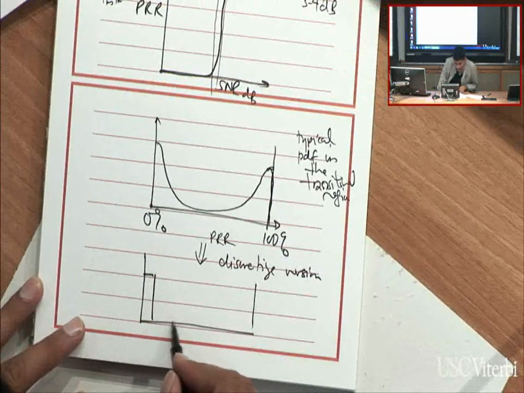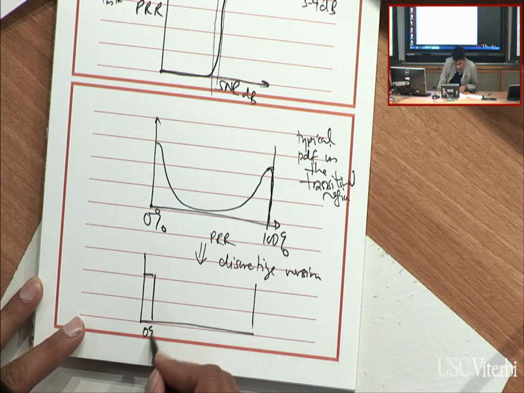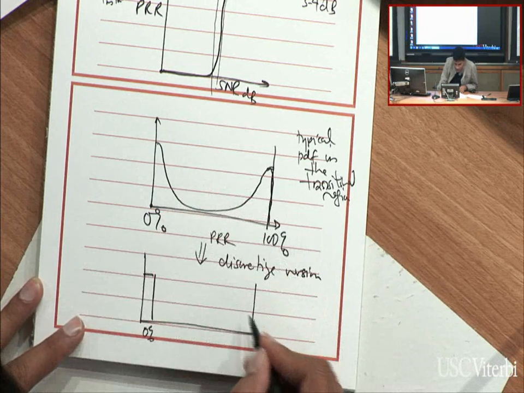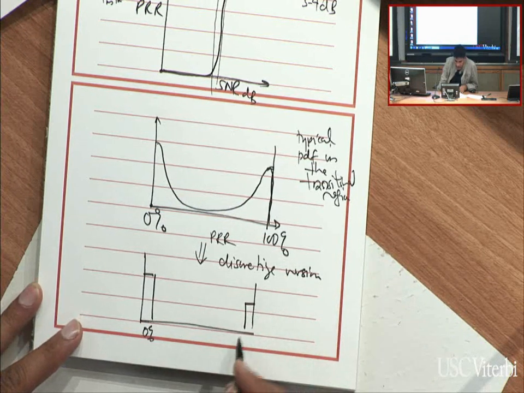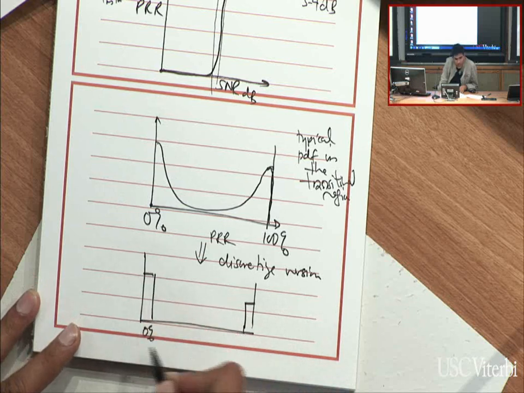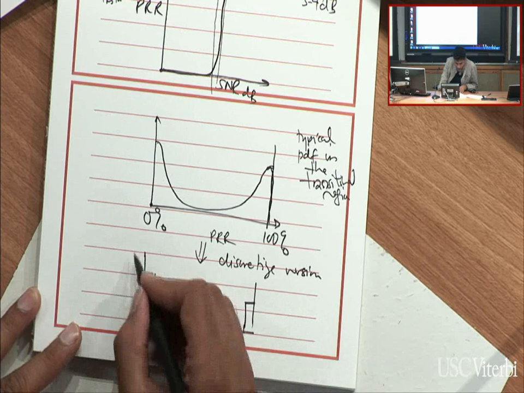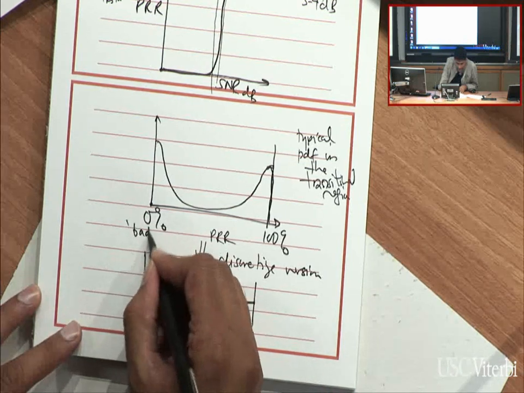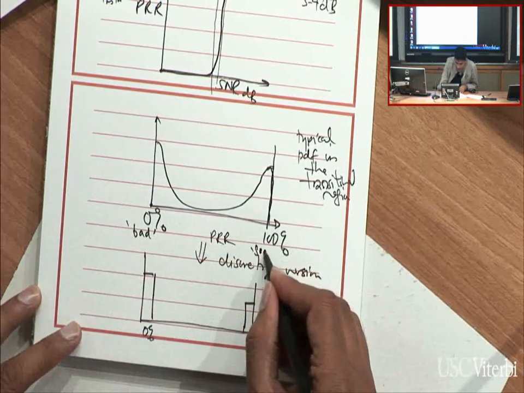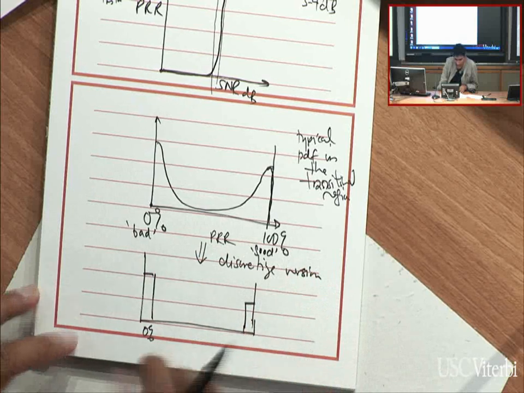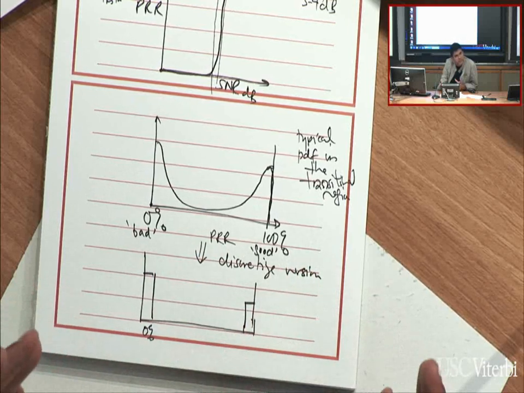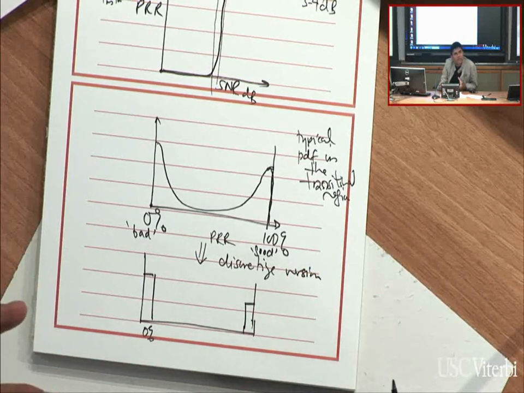If I break this up into little bins, I can turn this into a picture that looks something like that, where a certain percentage of time the link is bad, and a certain percentage of time it's good. So think of this as the bad state, think of this as the good state. I can have a two-state model that describes my channel. This is where that's coming from.